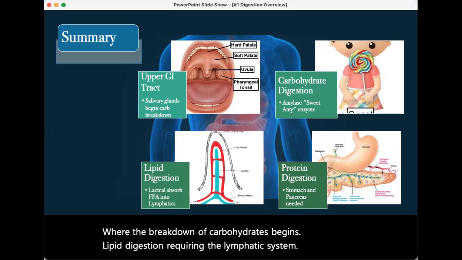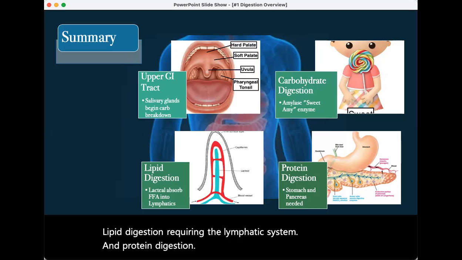And protein digestion, which starts in the stomach, requiring an acidic environment. And then on to the duodenum, where it needs the neutral pH and the enzyme protease to create amino acids.